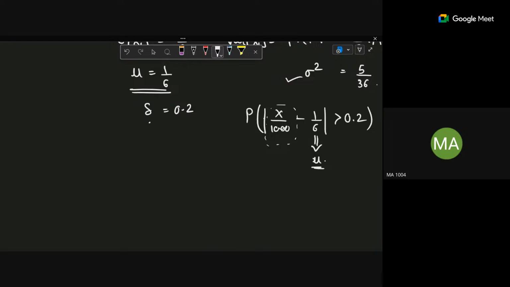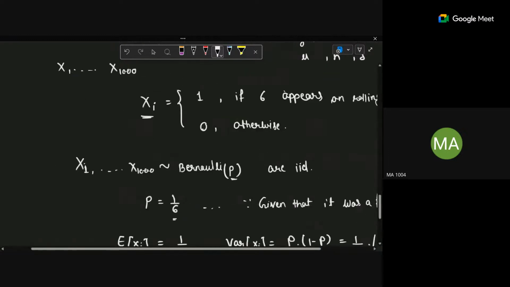So just think: if your xi's are Bernoulli random variables, and you are interested in counting the number of 6s, if I add all the x1 to x1000, what will it give me?